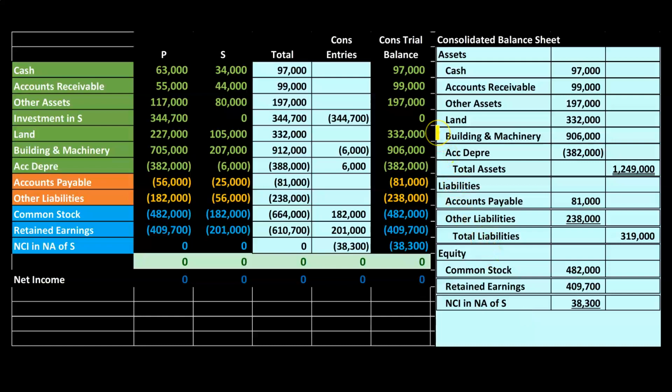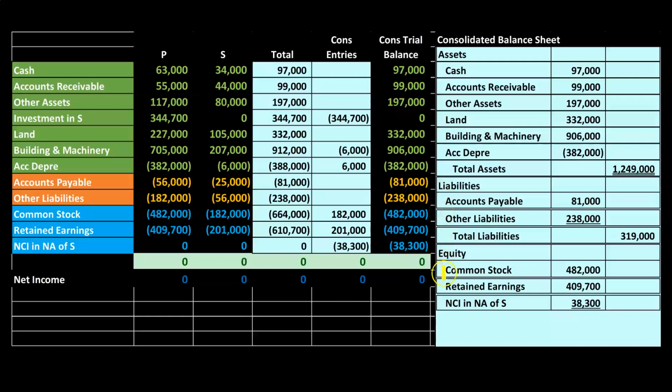So you can see what's happening here. If you're a holder of P, a stockholder or an investor, you're looking at the long-term interest of P. You could say, okay, P has control over assets and liabilities here, and that represents the equity interest.